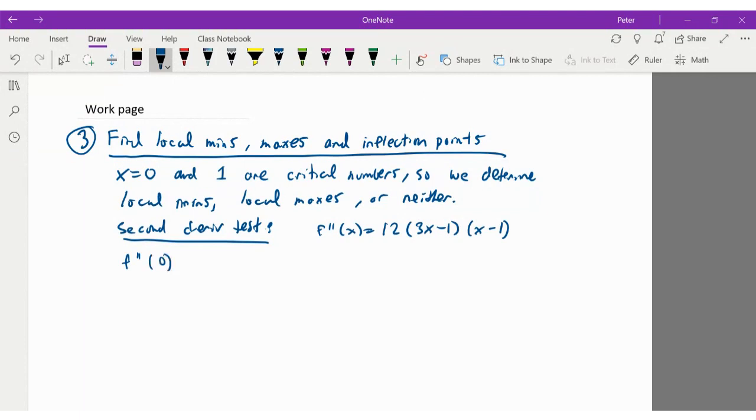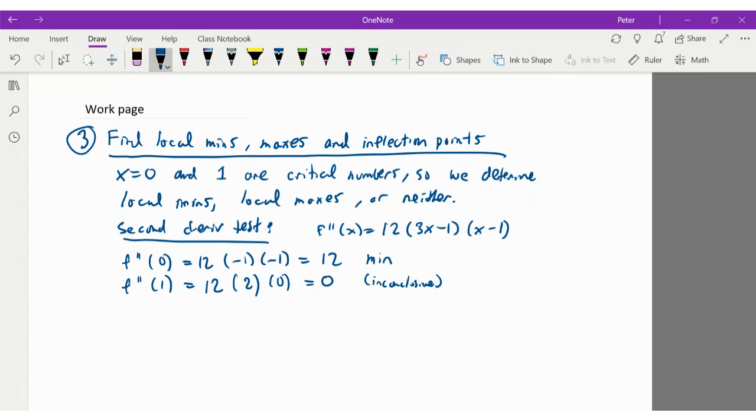F double prime of 0 is going to equal 12 times -1 times -1, which is 12. And f double prime of 1 is going to equal 12 times (3 minus 1), which is 2, and (1 minus 1), which is 0, which is 0. So this positive concavity, this is going to be a min.